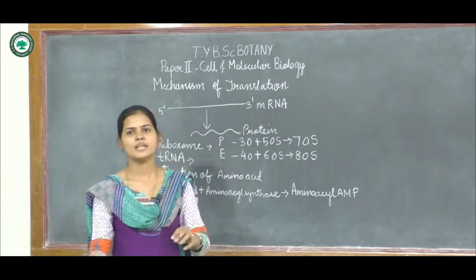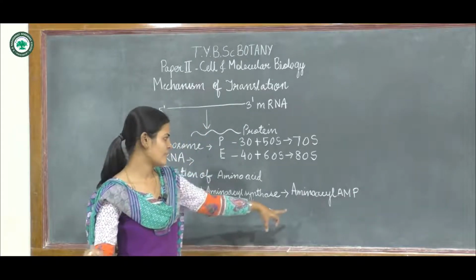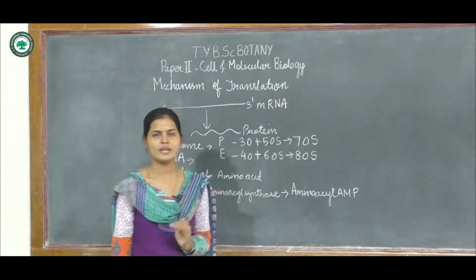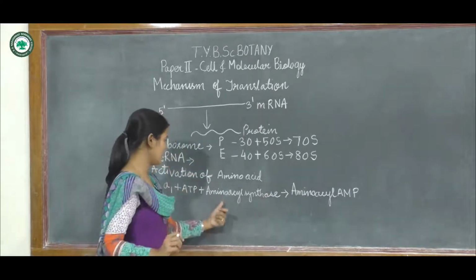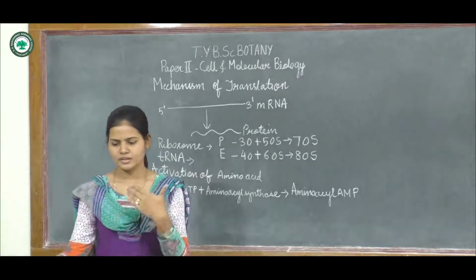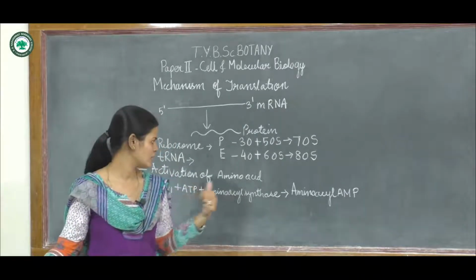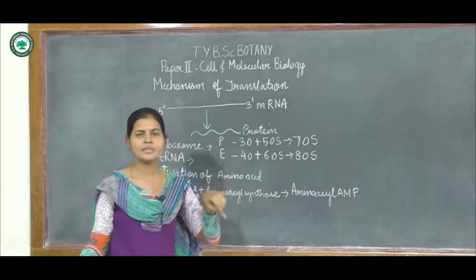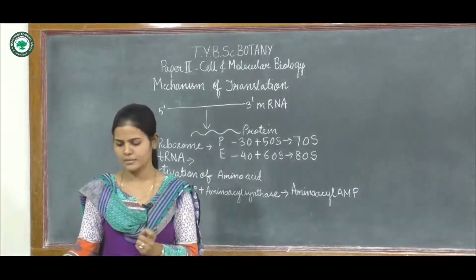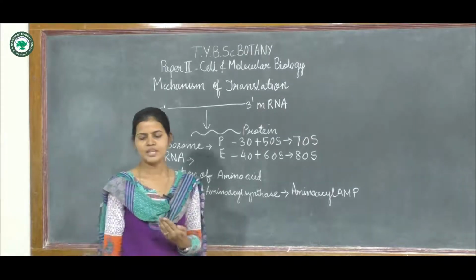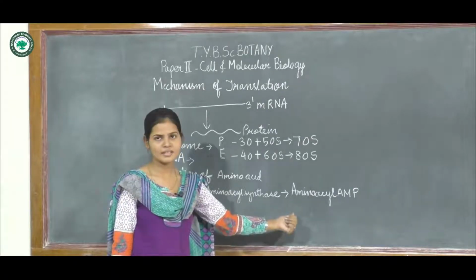Now next step will be the loading of this activated amino acid to the tRNA. So the attachment of this amino acid to the acceptor arm of the tRNA takes place by an enzyme called amino acid synthetase.